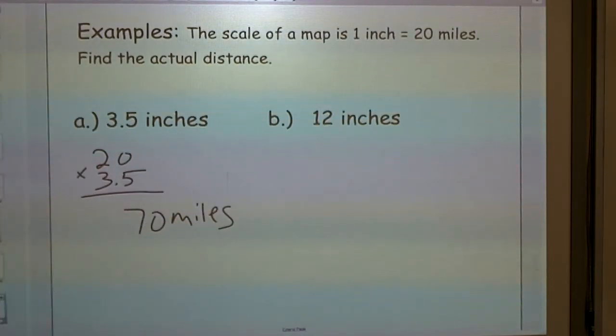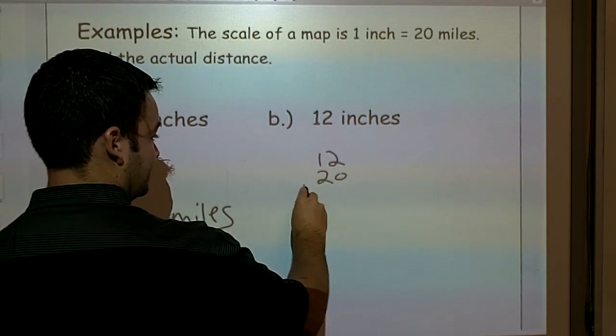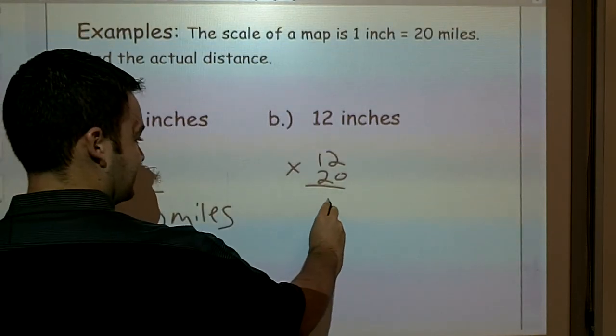B, 12 inches, we were saying 1 inch is 20 miles, so we're just taking 12 times 20, which gets you to about 240 miles.